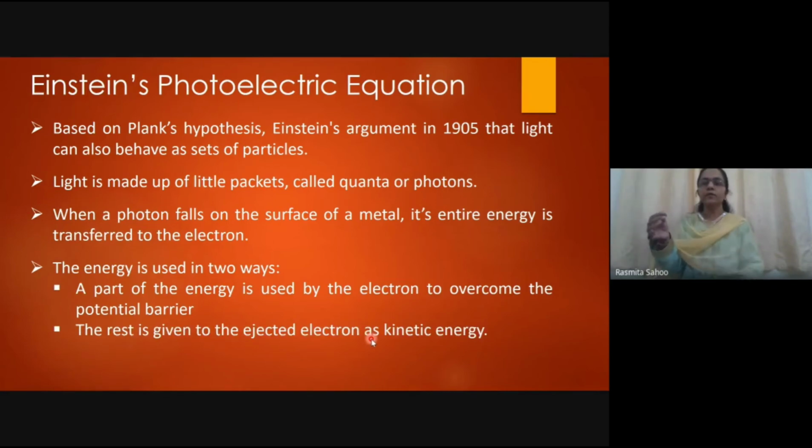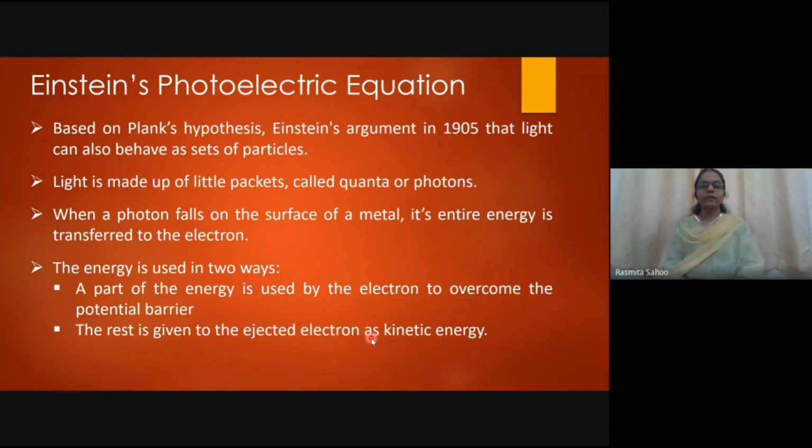So these are the two ways in which the energy of the photon is distributed.